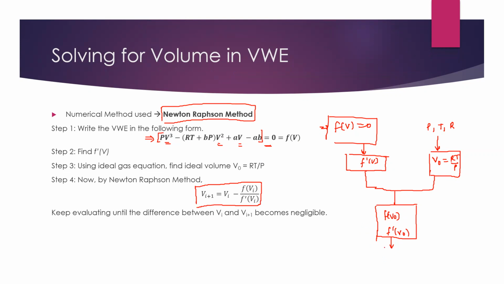Over here our Vi is V0, so V(i+1) is going to be V1. So from here we get V1 using the formula.